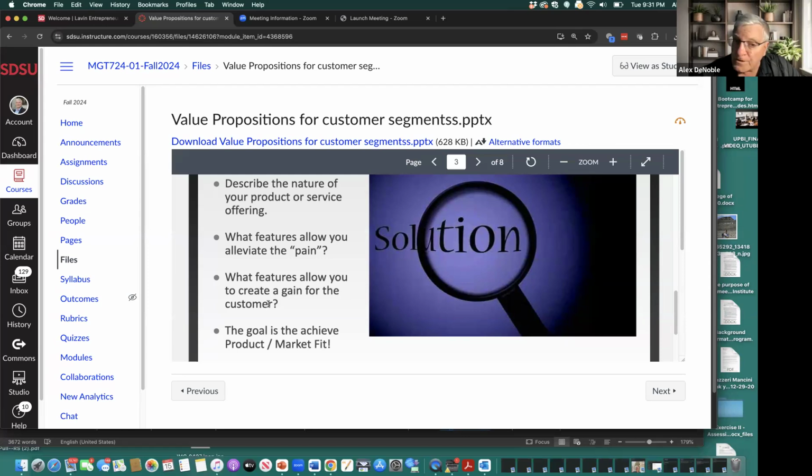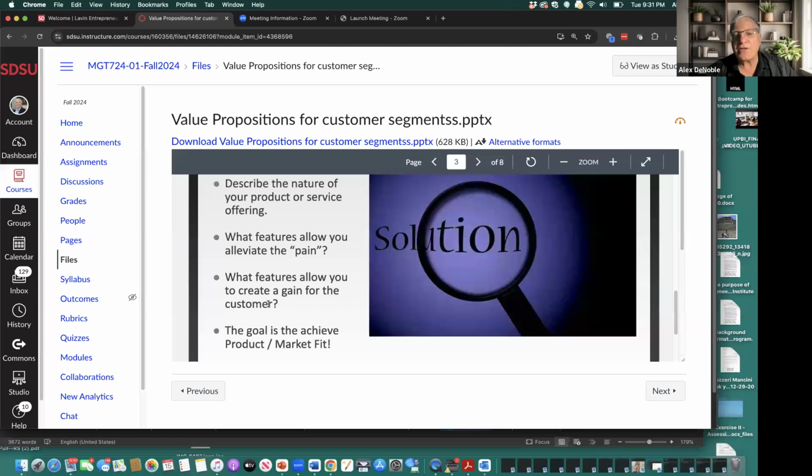Also, you should think about what kind of features you can design in your product or service that will allow you to create a gain for the customer, to hopefully please them. So the goal is to achieve product market fit.